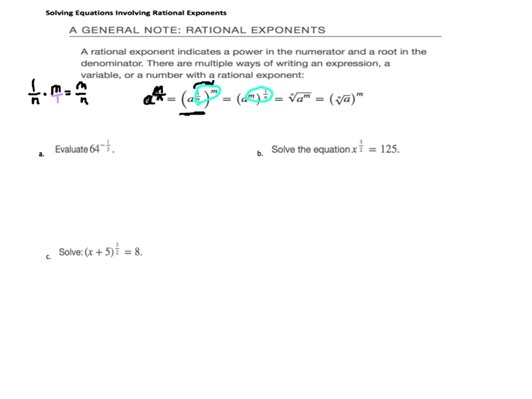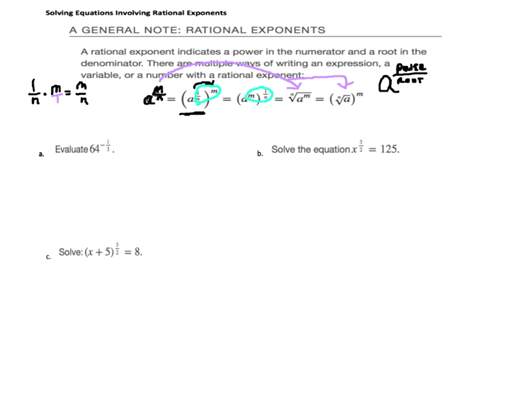Now here's the big kicker. Any rational exponent, so that's just a fractional exponent, can be turned into its radical equivalent. Let me point this out, write it a little bit bigger. I always have a base, and if it's raised to a rational exponent, that is power over root.